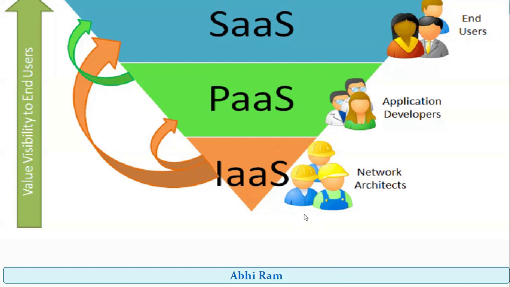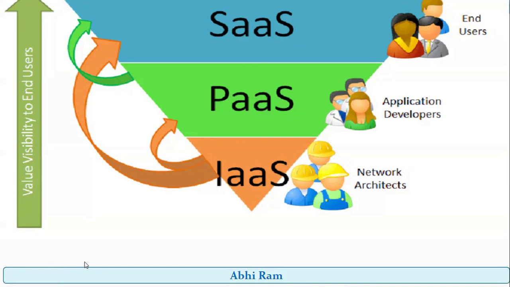If I want to maintain everything myself, first I maintain the network team. IaaS, infrastructure as a service. Platform as a service. Software as a service. For example, I want to start a new company, so I want to maintain a network team.